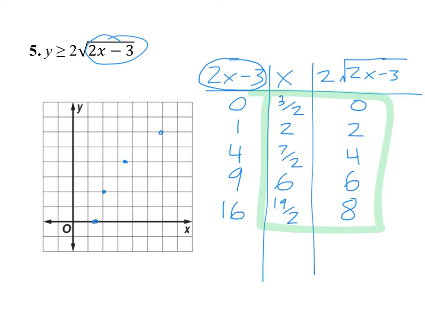All right, on this one, we want a solid line. And we want to shade above. Now keep in mind, do not go to the left of the first point. So we're shading over here. Don't go to the left. So strictly stay above the very first point.